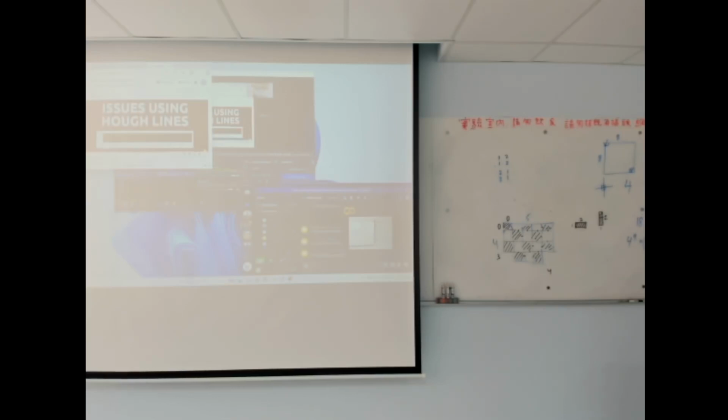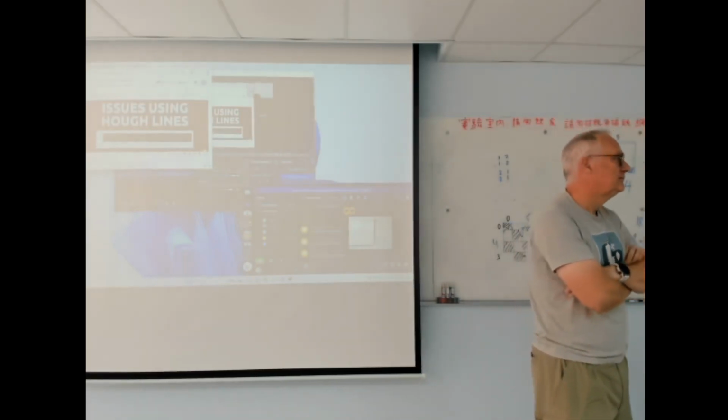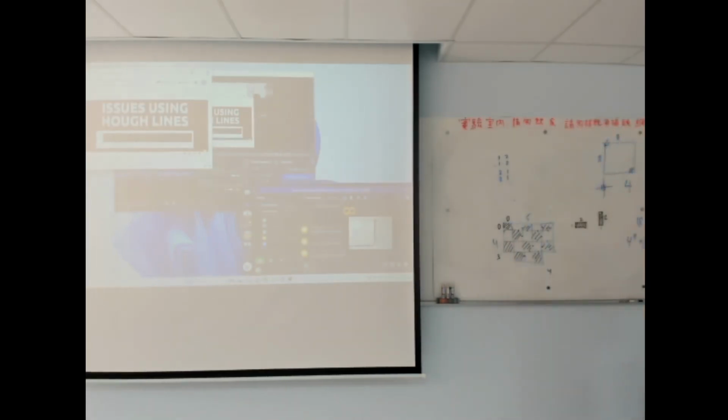So here we have an example of a picture, and if I run the Hough transform on this particular image, then what will be the line that it detects? Maybe I should have drawn them in different directions.